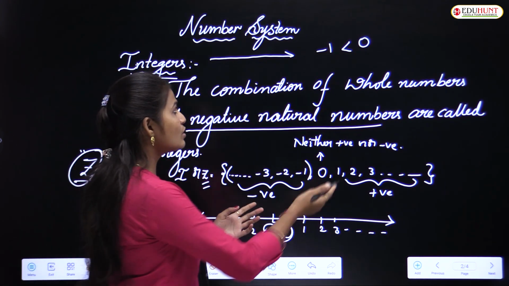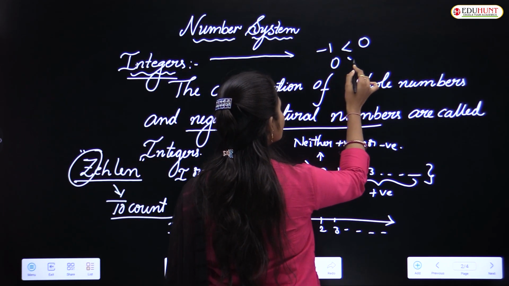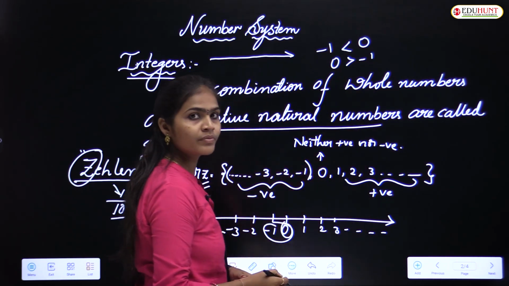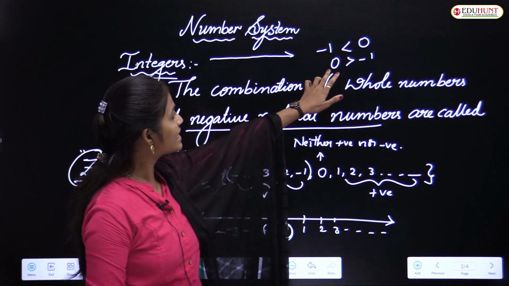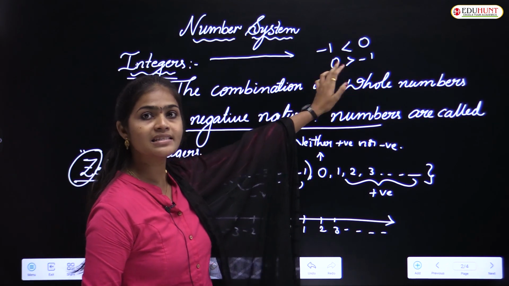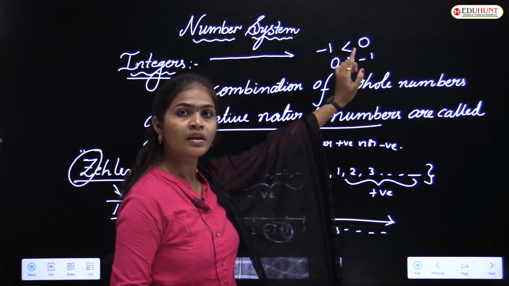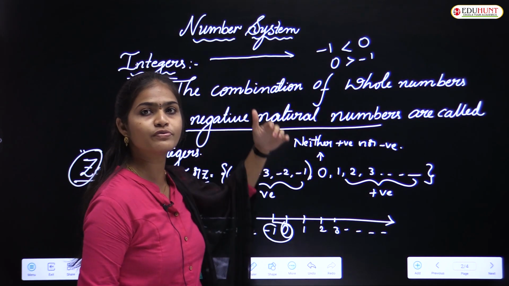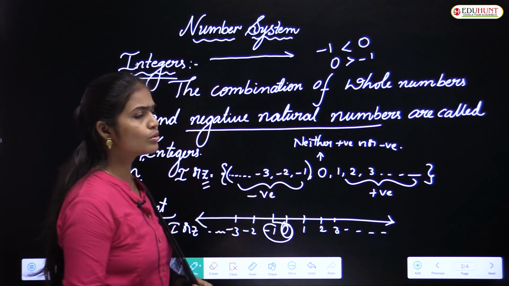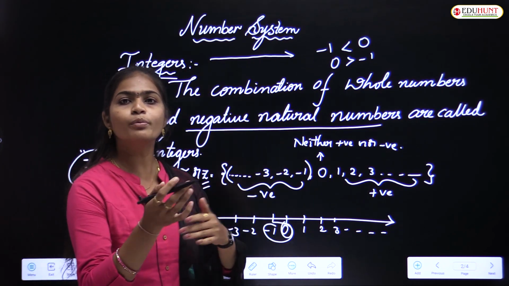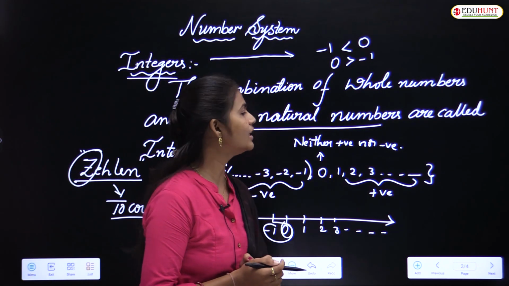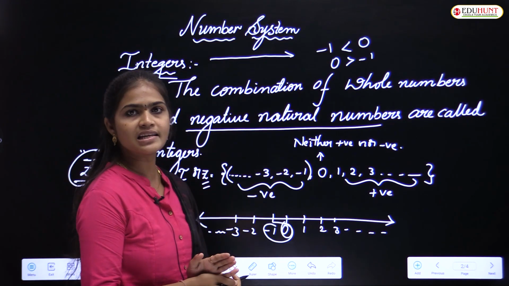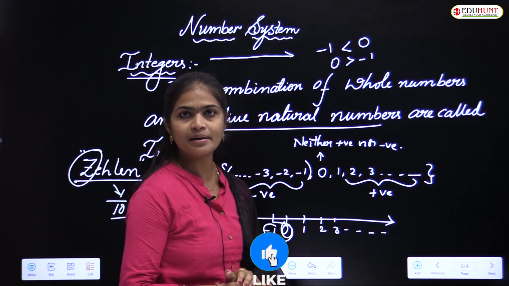Another way we can also write it: 0 is greater than -1. In both cases the meaning is the same.